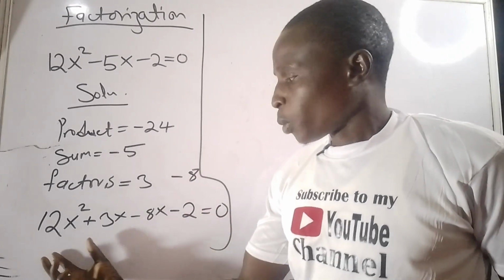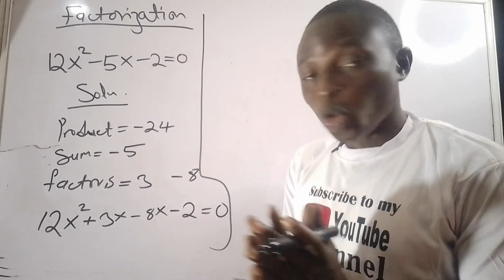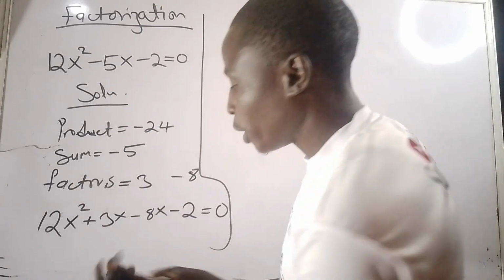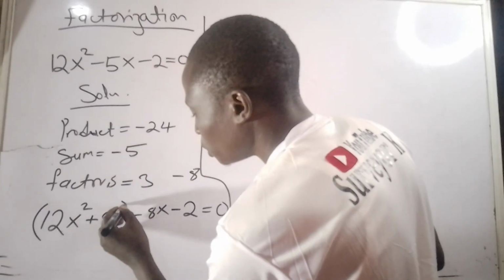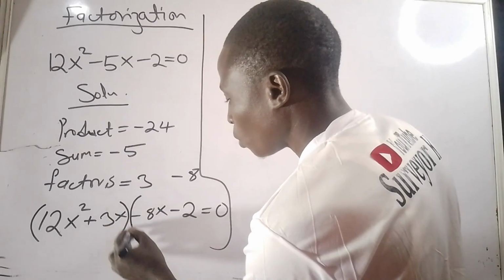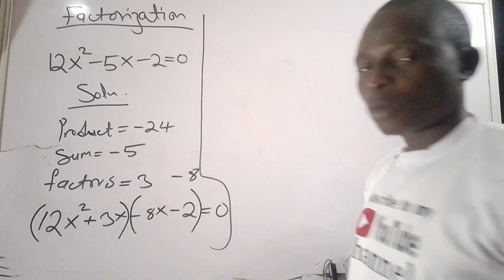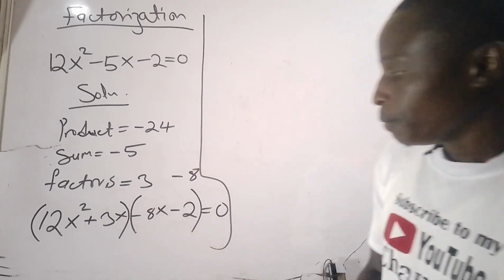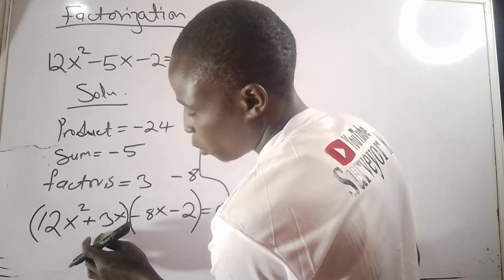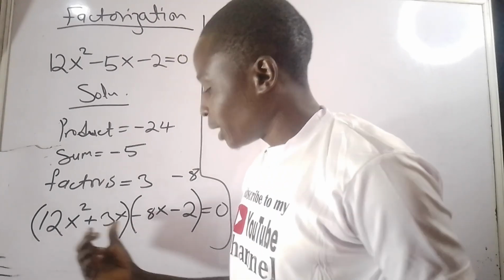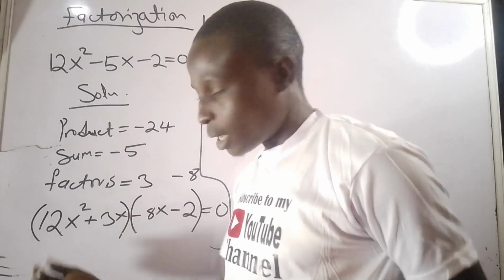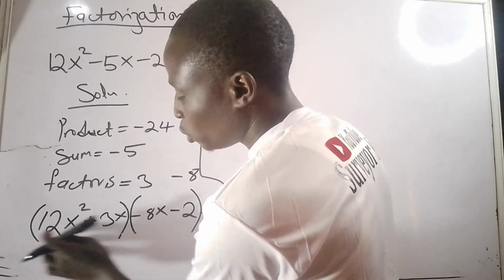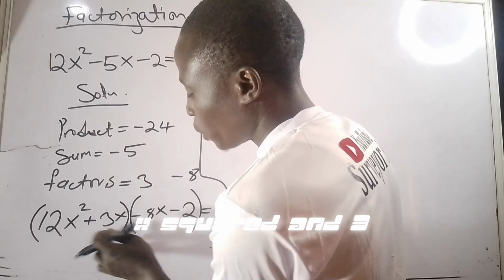We can now factorize by grouping. We group these two together, and we group these two together. Here we can see that 3x is common. 3x can go into 12x squared and 3x.